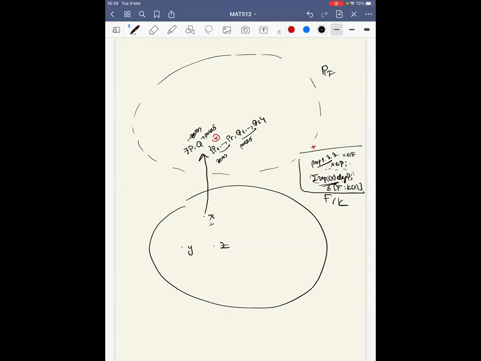And in the following lectures, we will also see that the total degree of the zeros and poles will be the same when we count multiplicity.